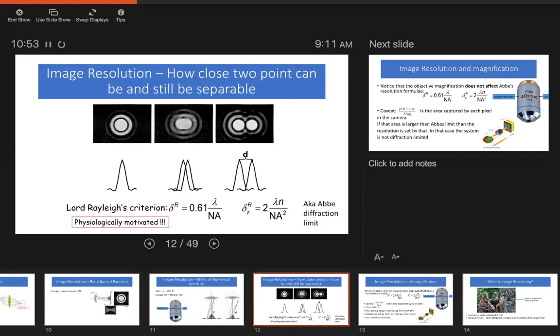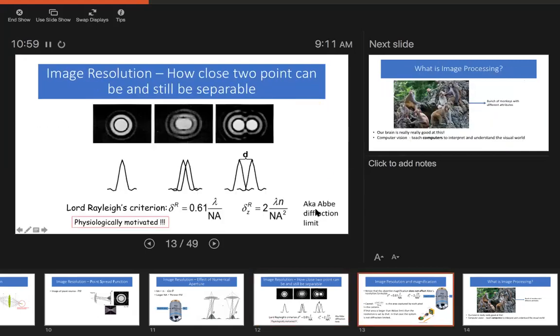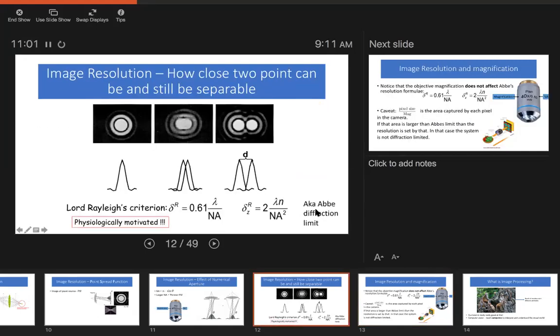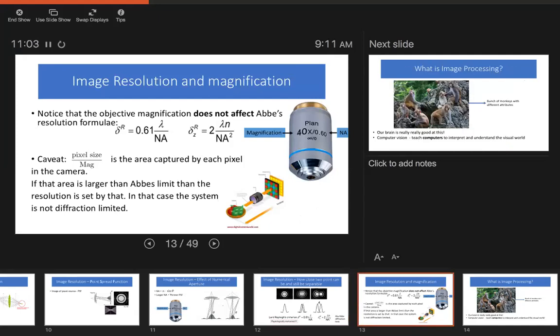So magnification, at least from the point of view of optical diffraction, is not a factor in how much resolution you have. But there is a certain caveat to that, which is that the size of our pixels is finite, right?